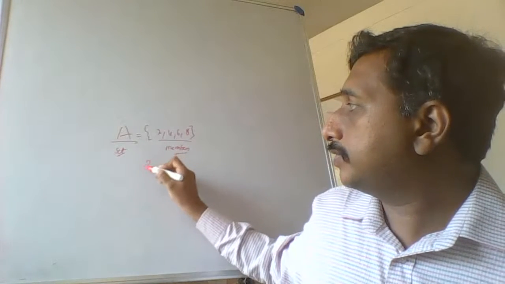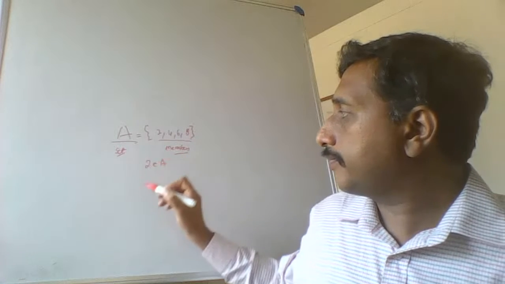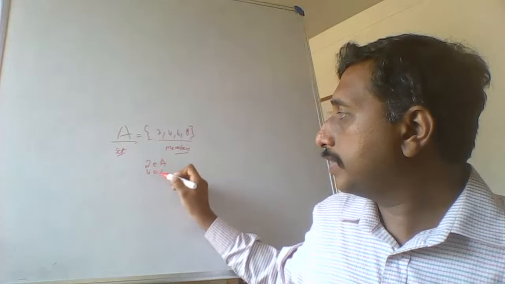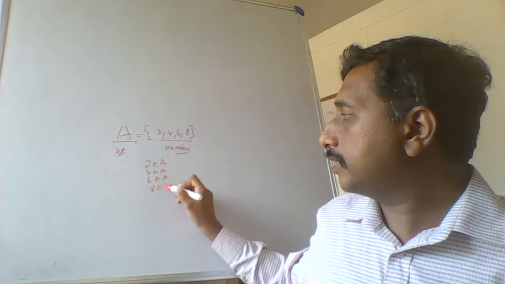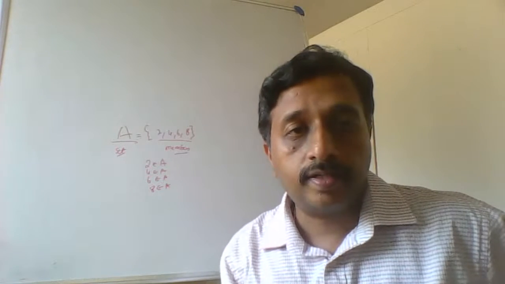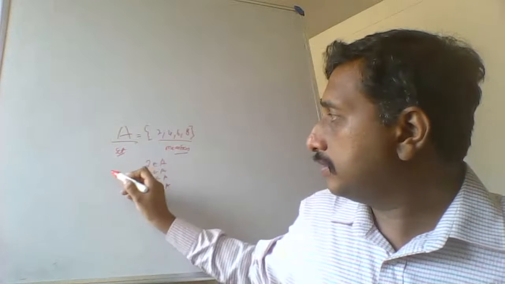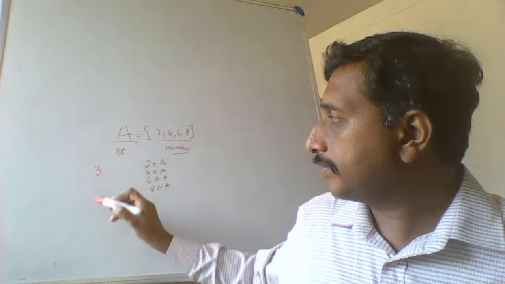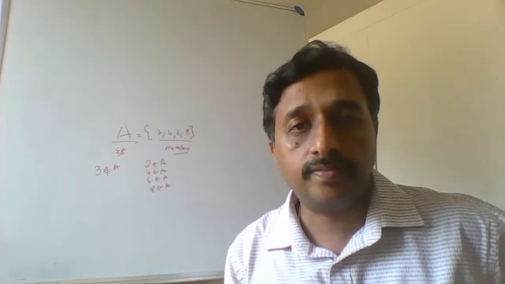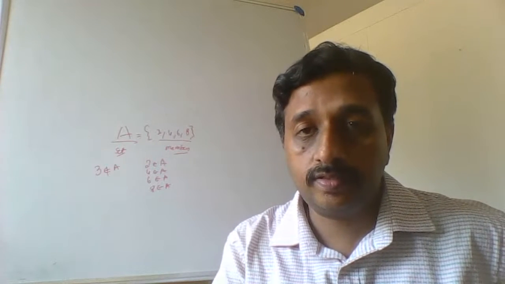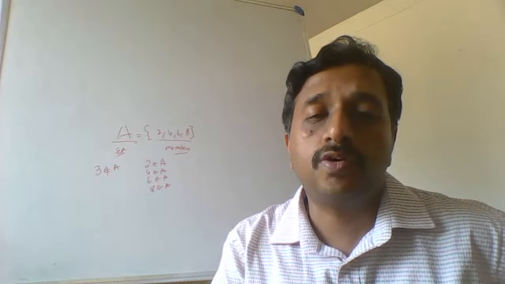So we can write 2 belongs to A, 4 belongs to A, 6 belongs to A, as well as 8 belongs to A. Now, if you consider 3, 3 does not belong to this set, so it is not a member of the set.